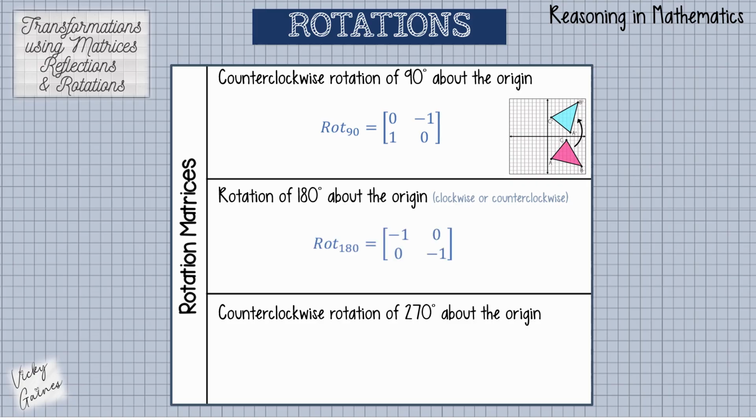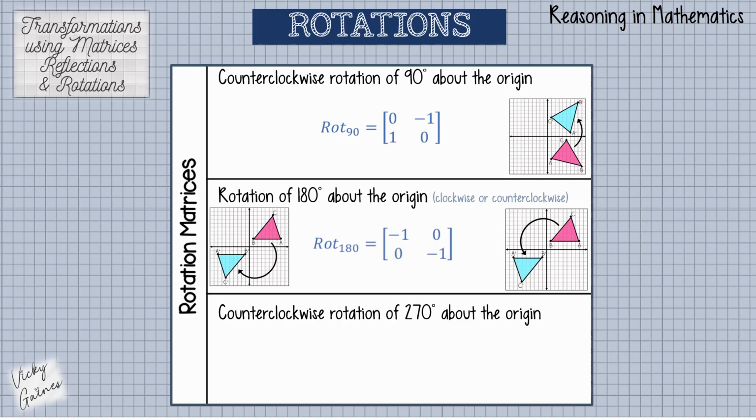Rotating 180 degrees clockwise and counterclockwise give you the exact same thing. So it doesn't really need to tell us clockwise or counterclockwise because we're going to end up in the same spot. For a counterclockwise rotation of 270 degrees, we need to use this matrix. And there it is, counterclockwise.